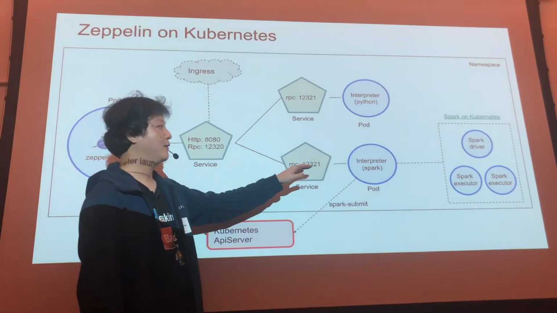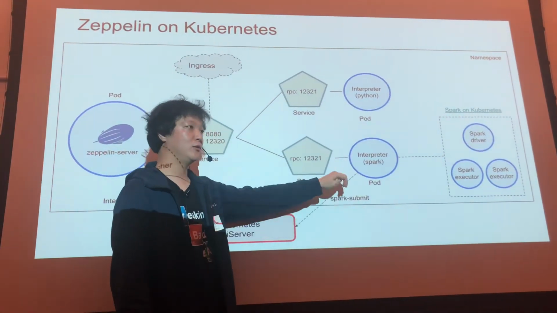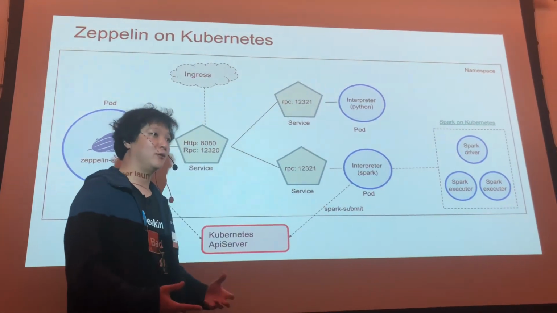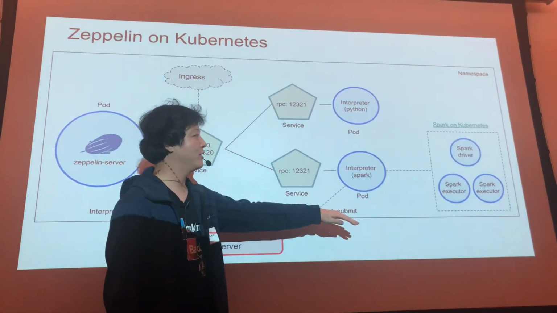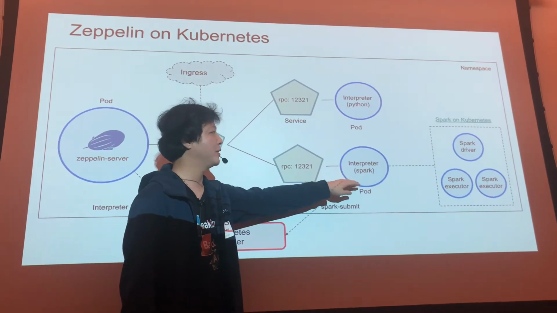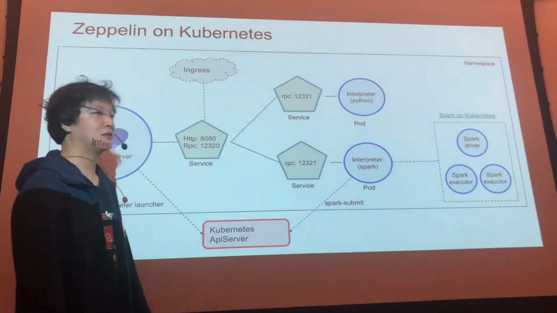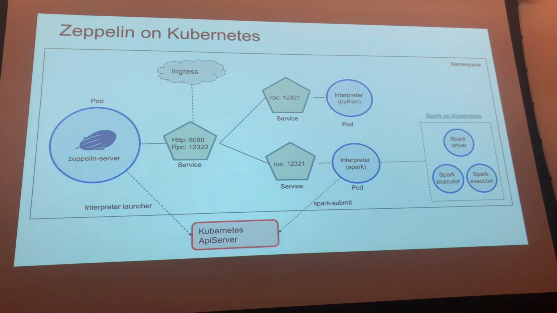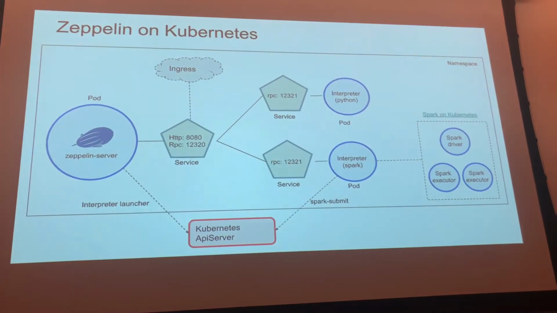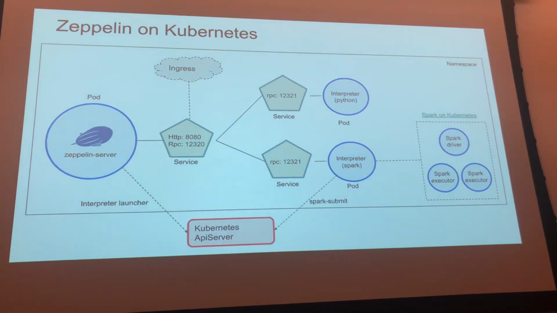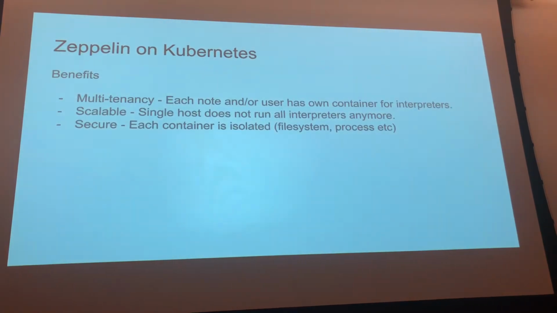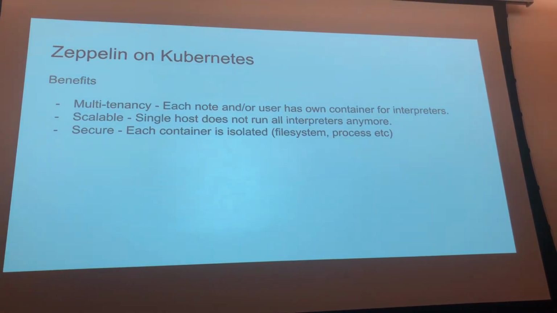Instead of connecting to your cluster on Yarn or standalone somewhere, we can configure the Spark submit command to create a new cluster inside of Kubernetes. So that's how it's going to look, and I think there are some benefits to it.